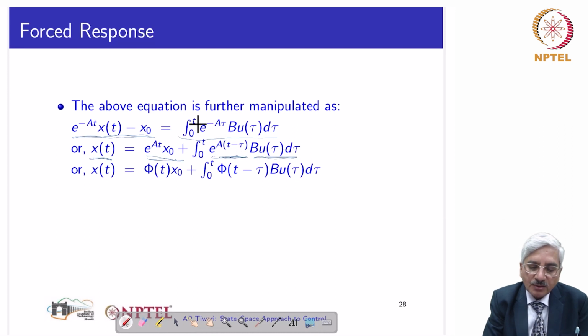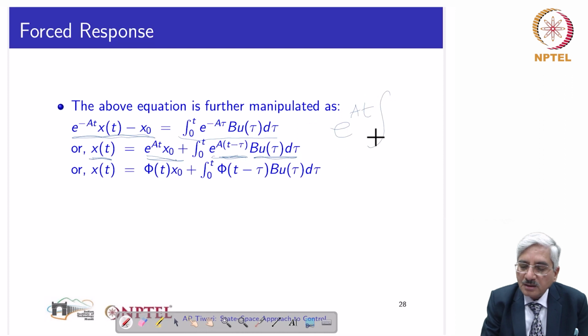What we have done is, when it was multiplied by e power At, the integral became e power At e power minus A tau, and because this can be taken inside the integral, it became e power A(t minus tau), this one.